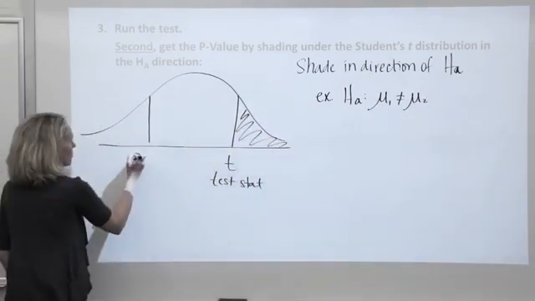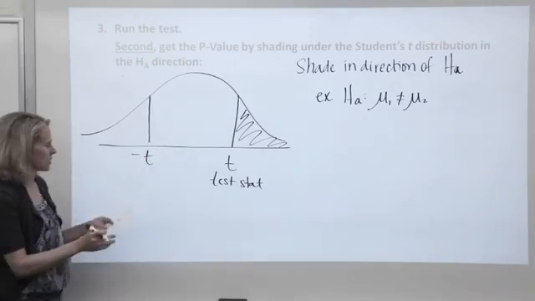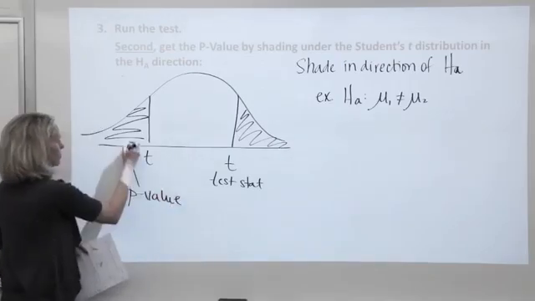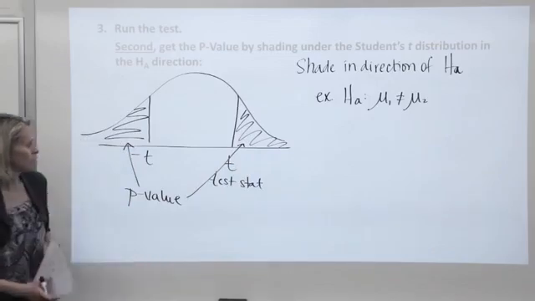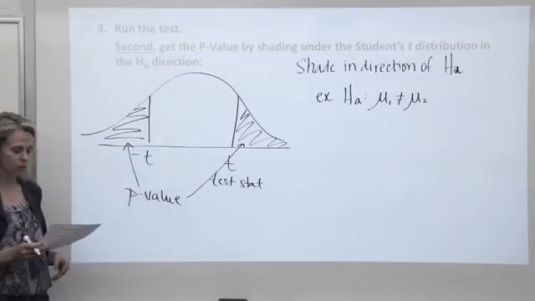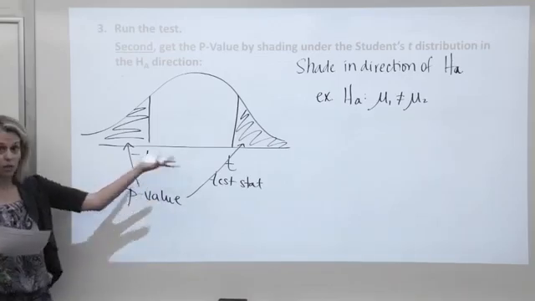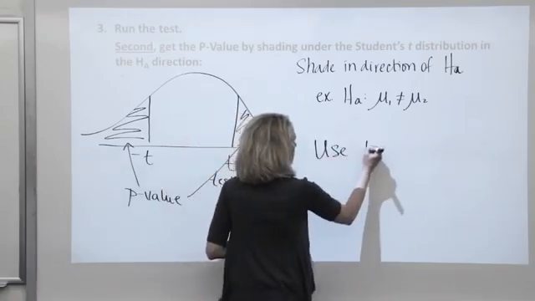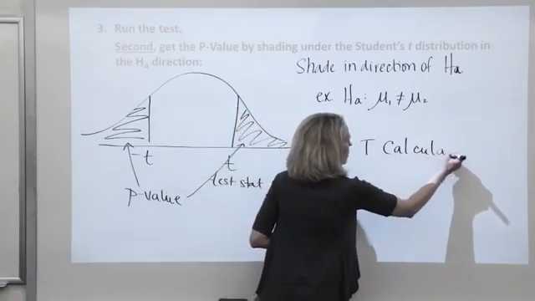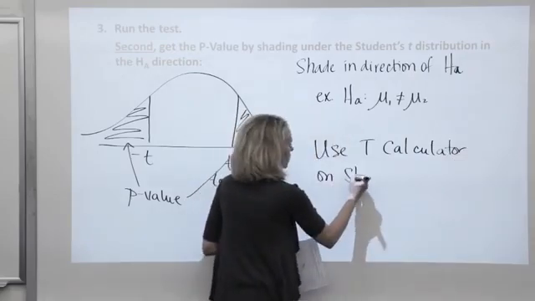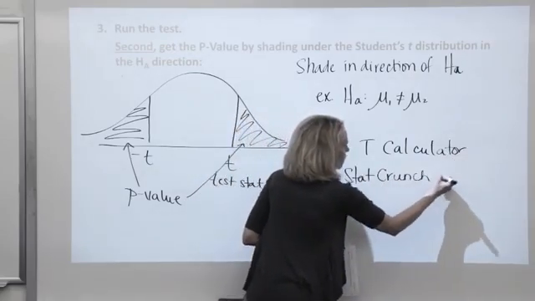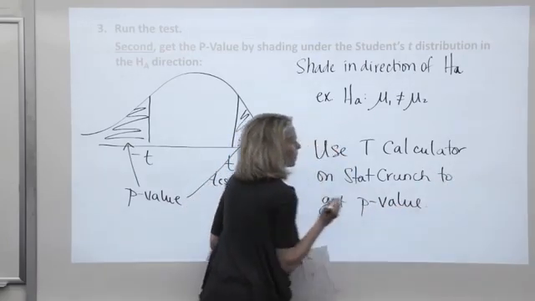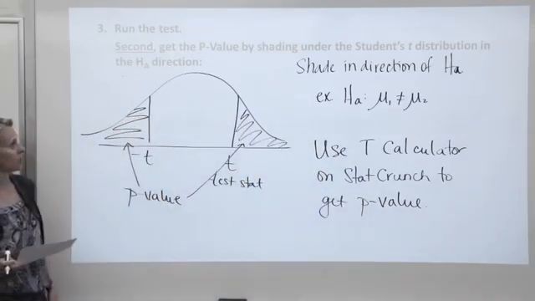We would come down here, plot our test statistic of the opposite sign, shade that tail as well, and the p-value would be the area of both of those tails put together. If we had a one-tailed test, it would just be the area of one of those. To get the area under the t-curve, use the t-calculator on StatCrunch. You're getting the area under that t-curve.